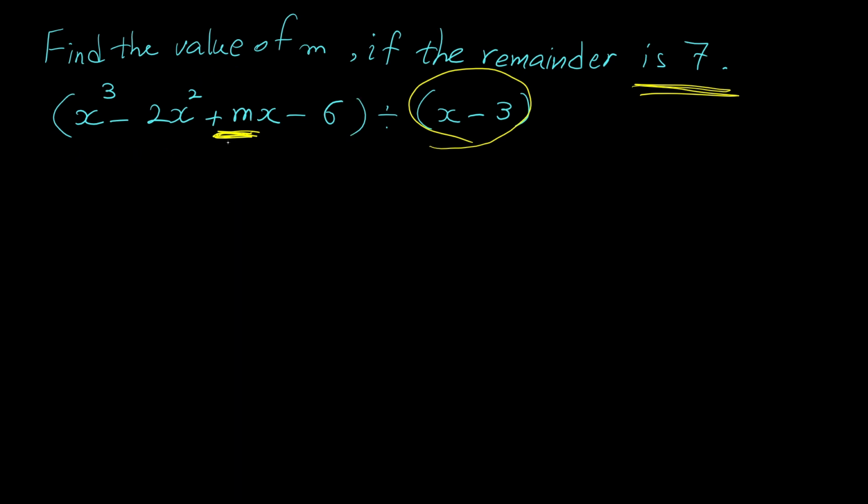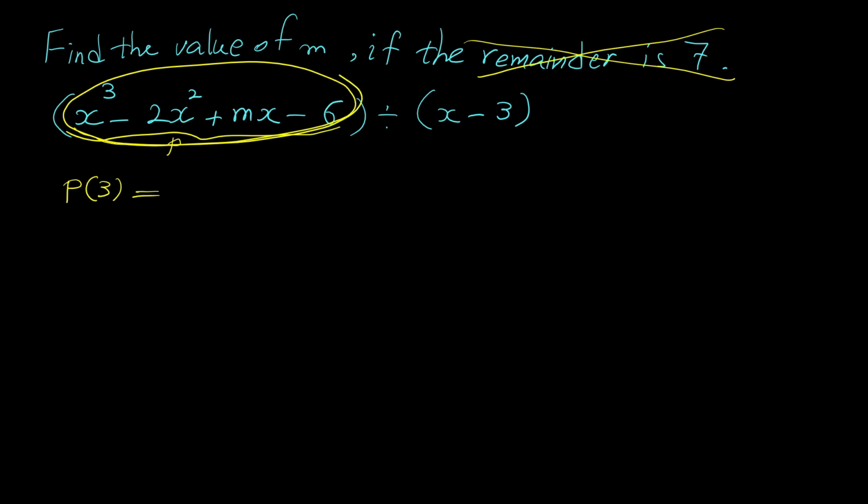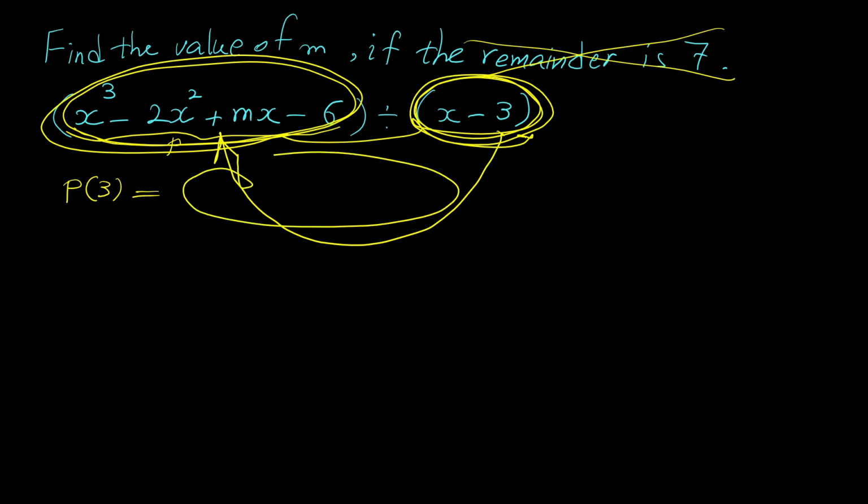Based on the remainder theorem, we know that the remainder of this division can be calculated simply by substituting 3 in this polynomial. Let me call this p. So for finding the remainder, for a moment forget this. Focus on the division. If we divide this polynomial by x minus 3, the remainder would be, plug in this 3 in this expression, the result would give you the value of the remainder.